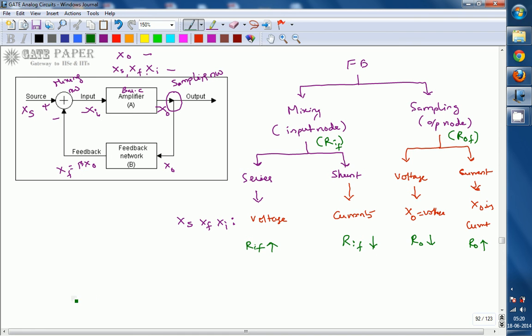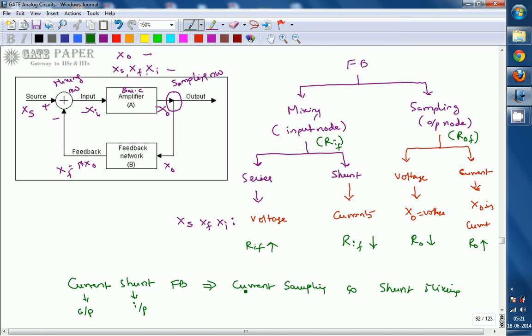The question asked about the current shunt feedback. Current shunt feedback implies the first one is related to the output node and the second one is related to the input node. So it consists of current sampling and shunt mixing.